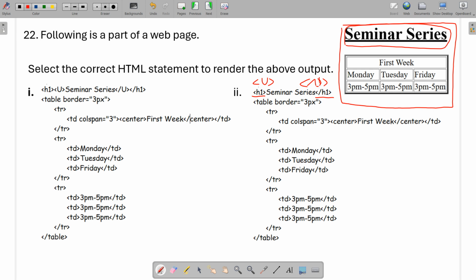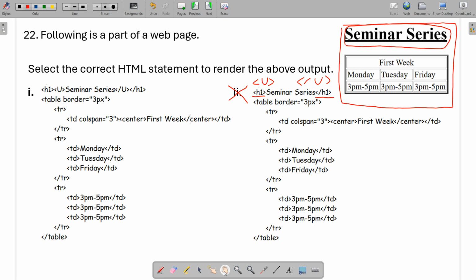Right, like this. They should have the U tag after the H1. Because of that, this is disqualified. The first one is a qualified one.